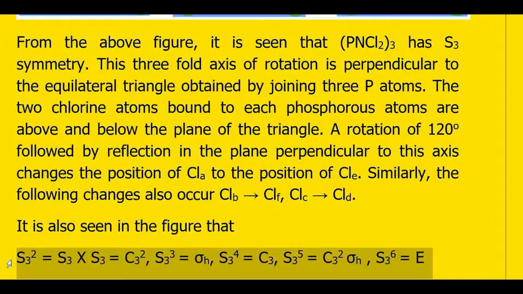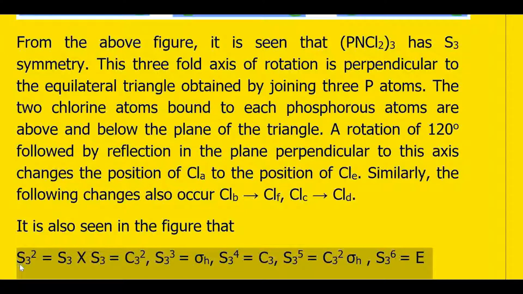That is just an explanation, but that is also equal to C3 square. Now, in order to check the validity of this relation, you can perform the operations and check, but an experienced person will not do it. An experienced person will simplify it mathematically only.